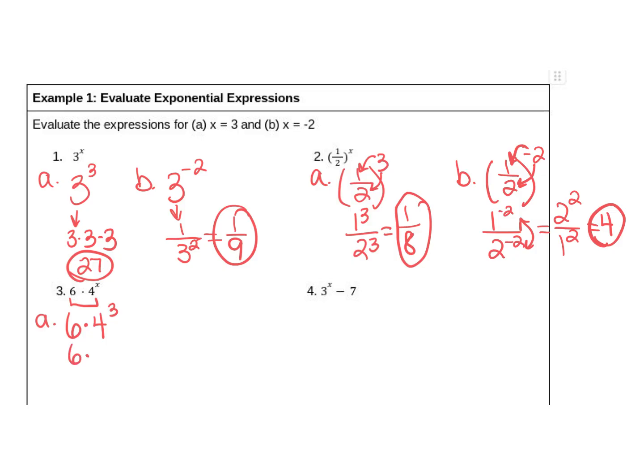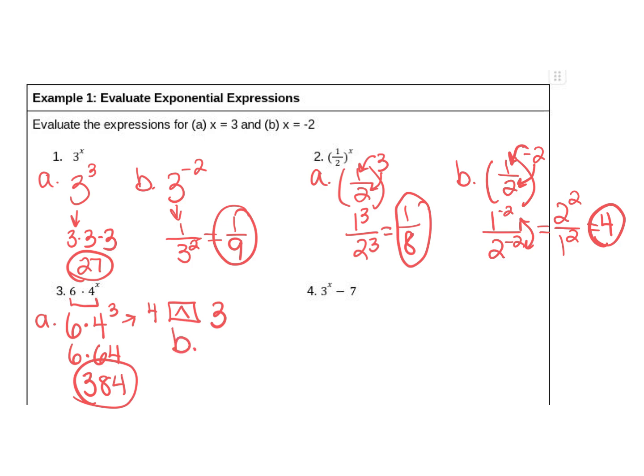So we're going to have 6 times 64. And remember, you're using your calculator for that. You're hitting 4 and then that button that looks like a tent and then to the third power. So then we're going to go 64 times 6. Okay, and you get 384.